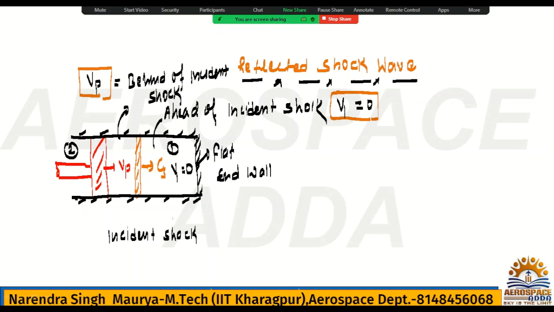Now the shock will come and it will hit. The hitting process will be up to this diagram, but after hitting, what will happen? It will reflect. So for the reflection, we have to draw another diagram also. So this is the other diagram I am drawing here. Okay, here it is the end wall.